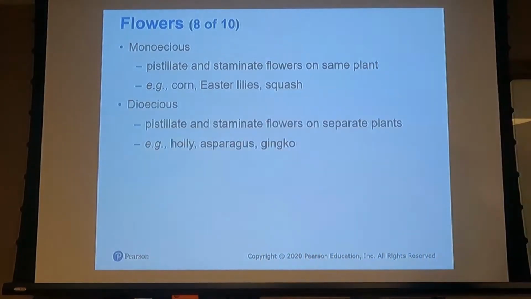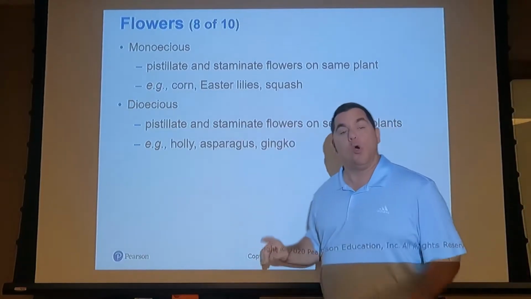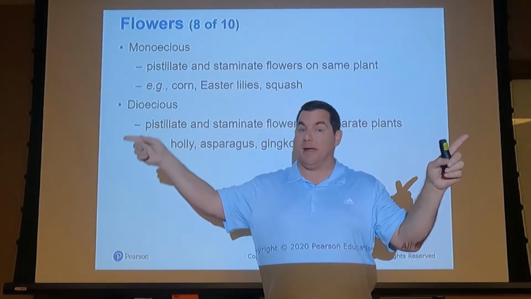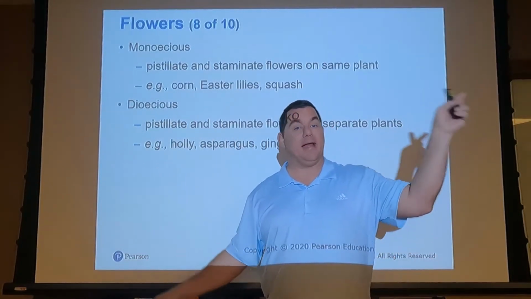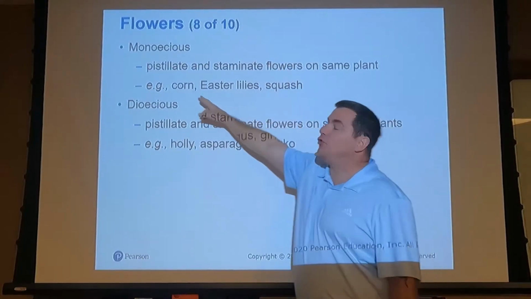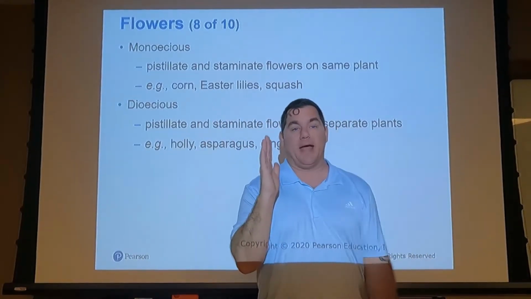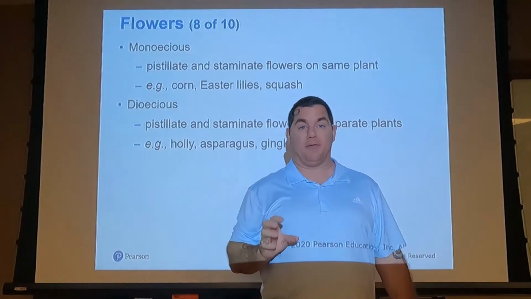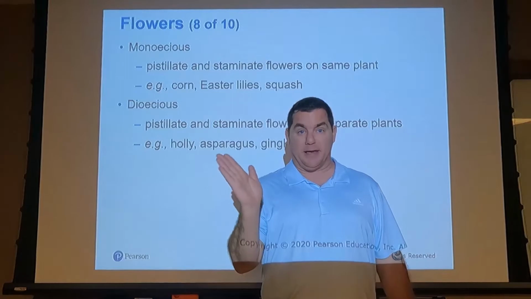Next we have dioecious, which is what I mentioned earlier, this ginkgo, where we have separate trees. So we have a male part and a female part. We go back to this monoecious part here. Using corn, think about it, right? We have the tassel at the top, and then we have the flower at the bottom, which turns out to be the ear.